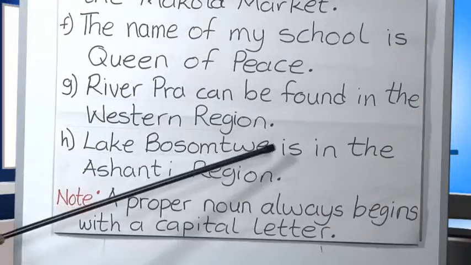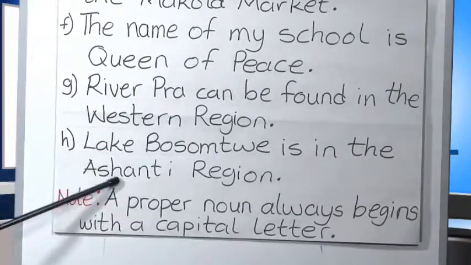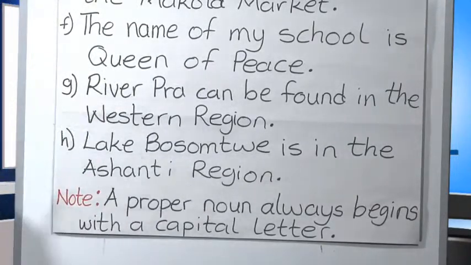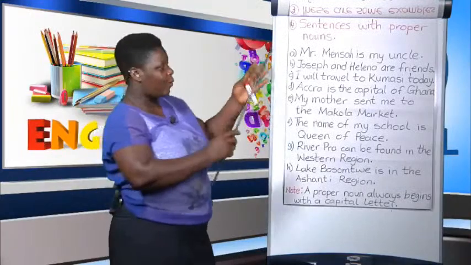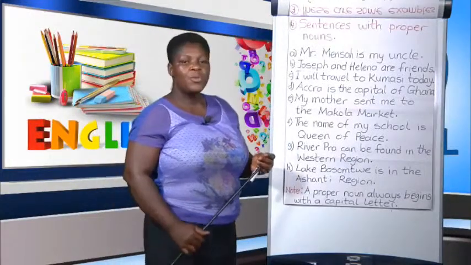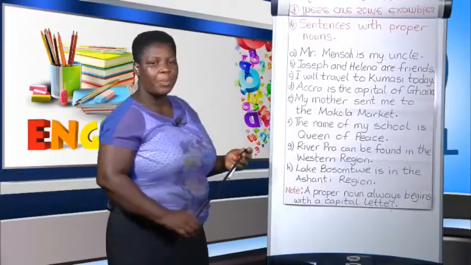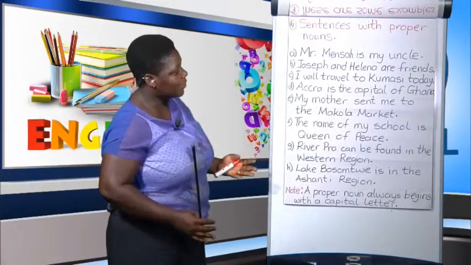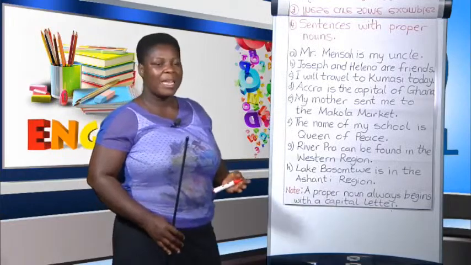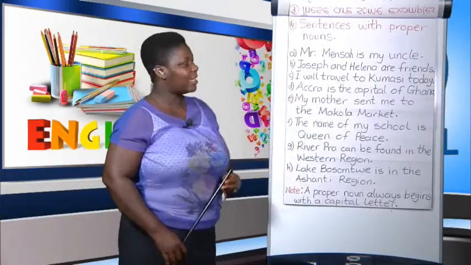Lake Bosumtwi is in the Ashanti region. All right. So I hope as I was reading, you were looking out for proper nouns. So now you are going to tell me the proper nouns in the sentences.